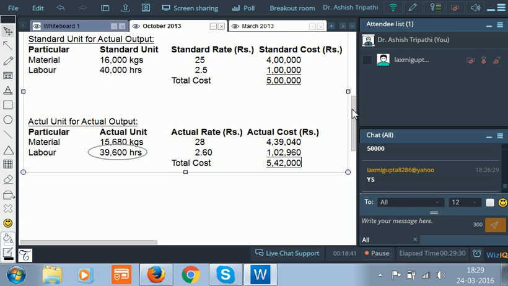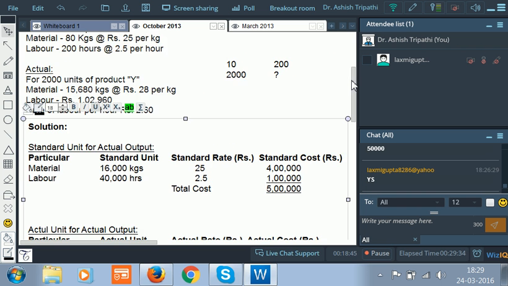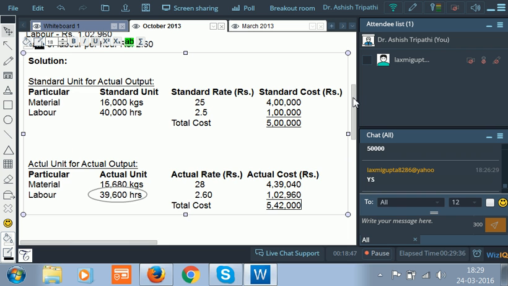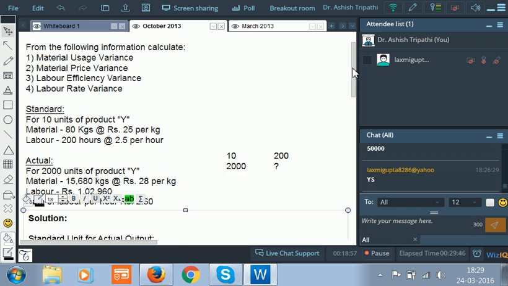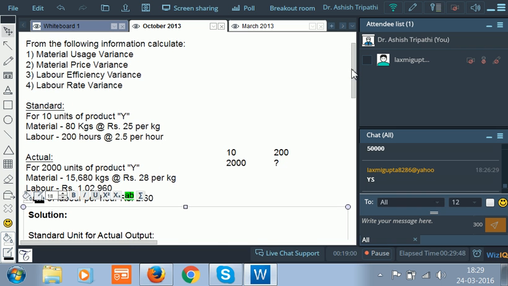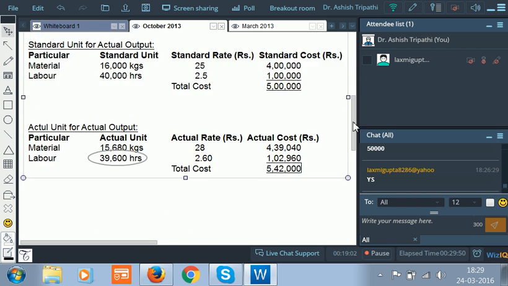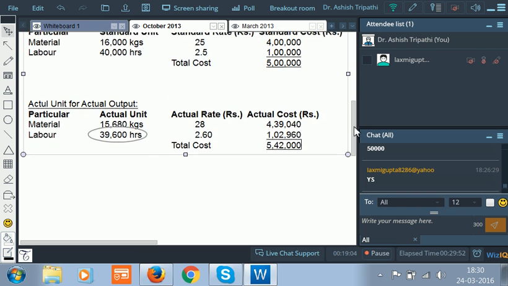Okay, now once your table is ready, it becomes very easy for you to solve. So it is very important to prepare this table first and then solve the answer for standard costing. Now the first thing that we'll have to solve is material usage variance.